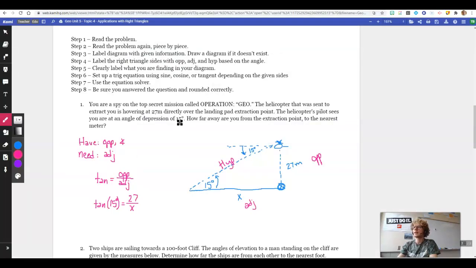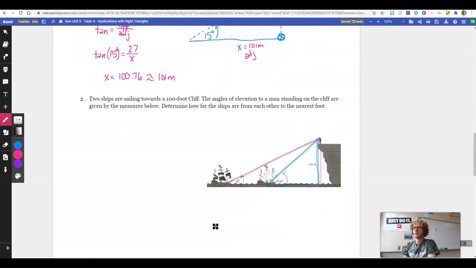The last thing that we need to do is make sure that we round correctly. We need to round to the nearest meter, so that is roughly 101 meters. So this side is 101 meters. You are 101 meters, roughly the length of a straightaway on a track, from the extraction point. There you go. All right, so let's take a look at another problem.